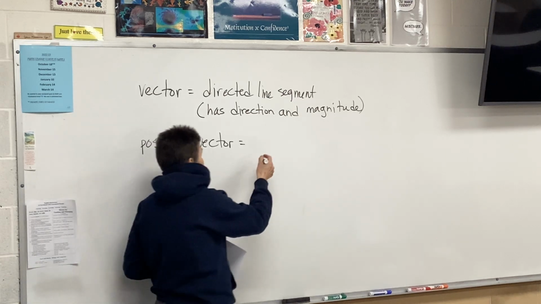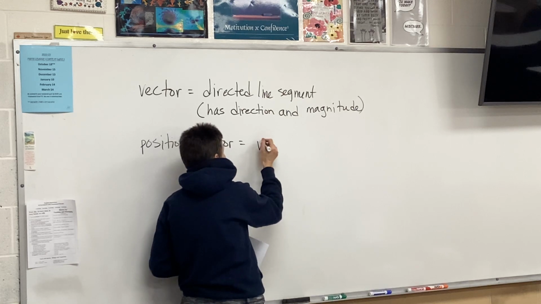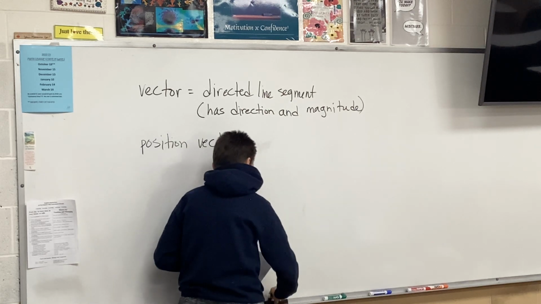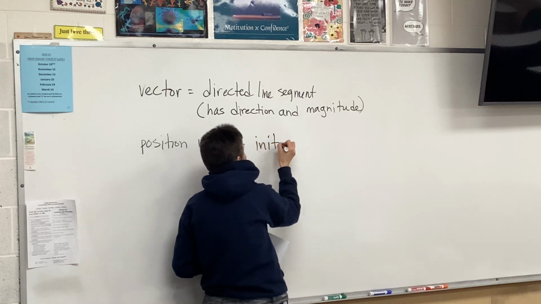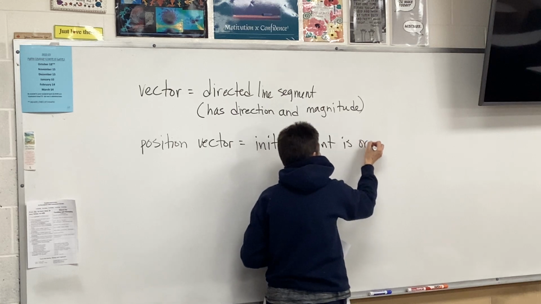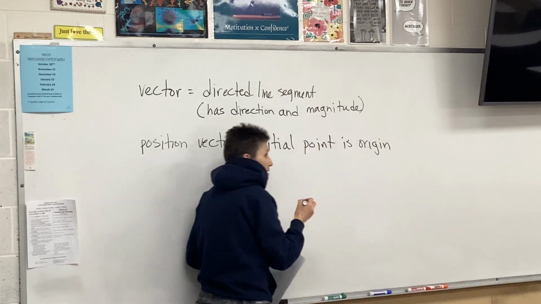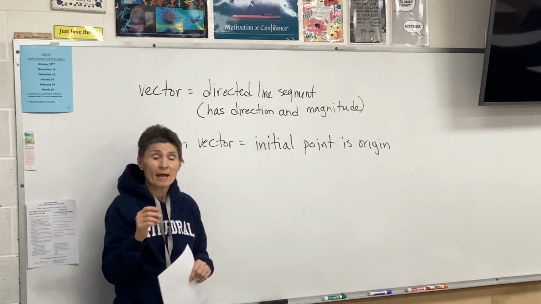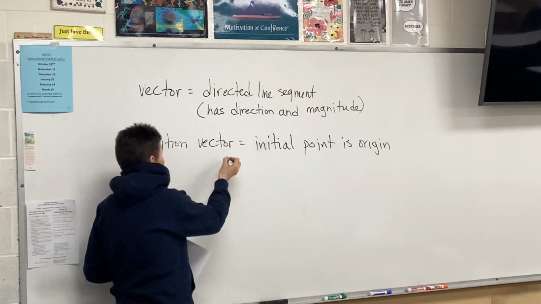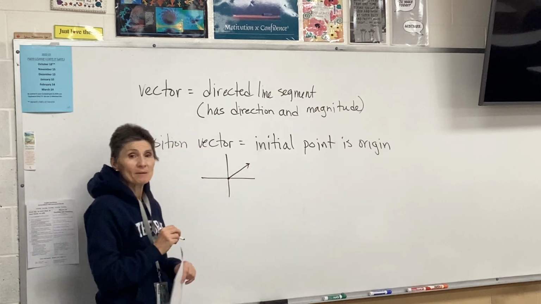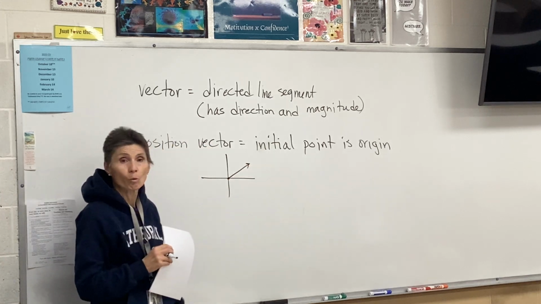And what that means is their initial point, their starting point, is the origin. So we can pick vectors up and move them, and we like to have them positioned at the origin. That is a position vector. It starts at the origin.